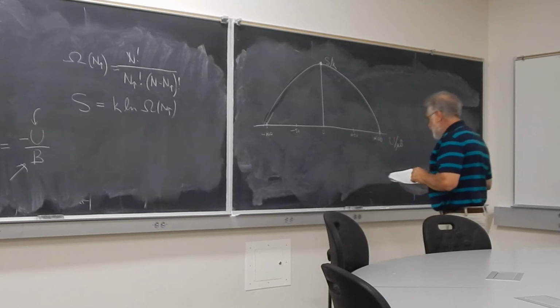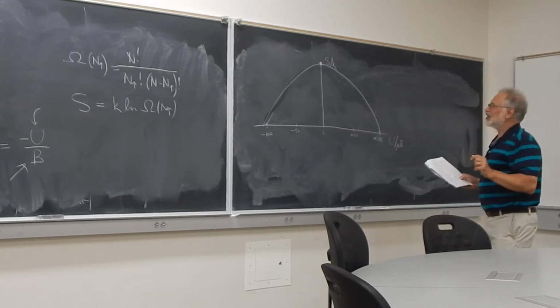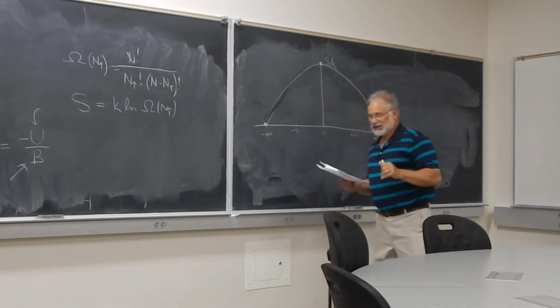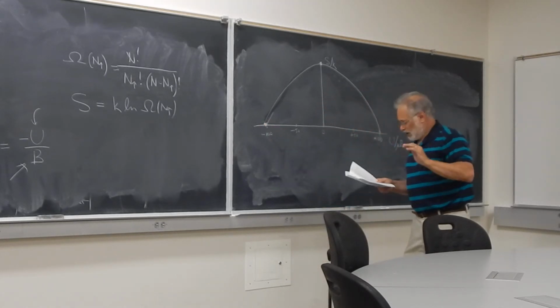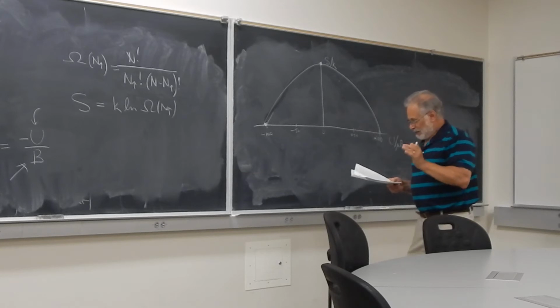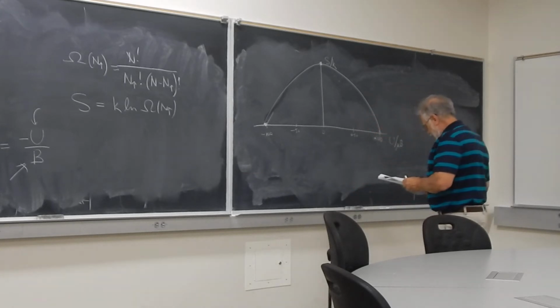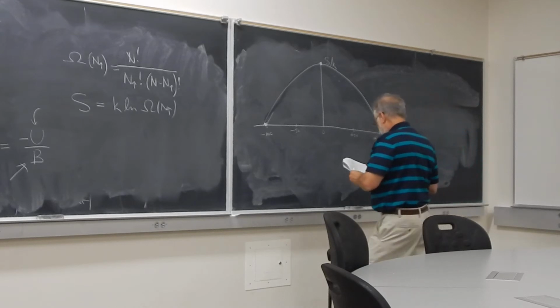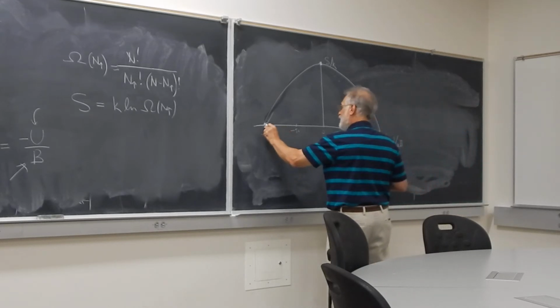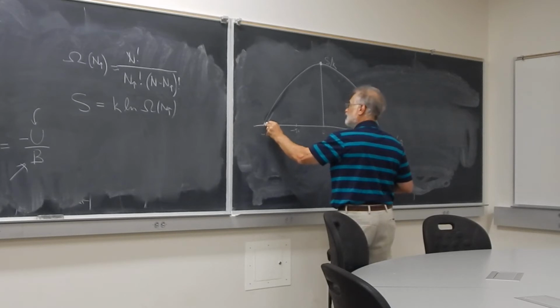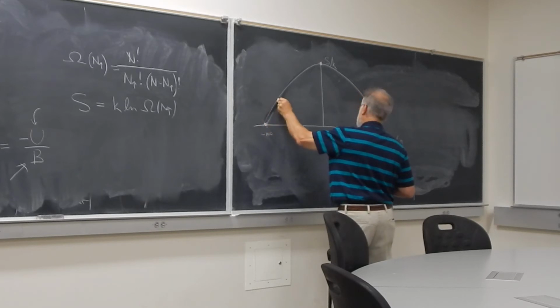On the other hand, a more interesting way to look at this is, suppose we start here, in a situation where all the spins are aligned upward. Spin up, positive spin. So I'm down here, at minimum energy, and let's suppose the system starts this way, and I increase the energy.